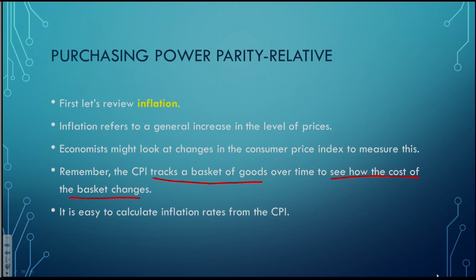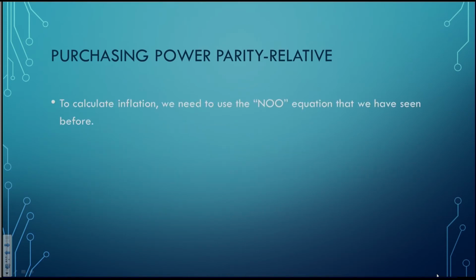It's also very easy to calculate inflation rates using the Consumer Price Index. So let's do that. To calculate inflation, we need to use the new equation that we've seen before. Now remember, that's just the silly name I've given it to help you remember what to put where.